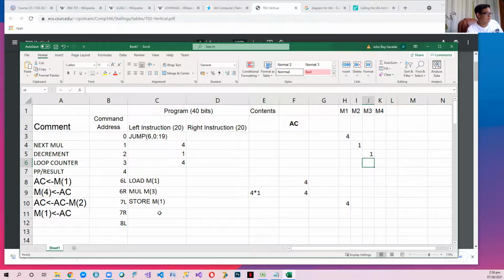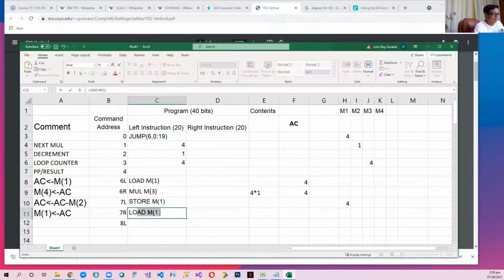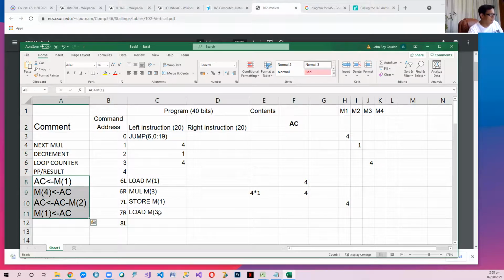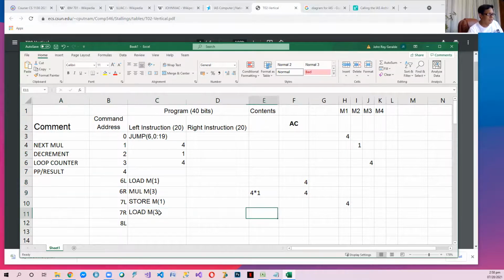Okay, so that we can say load M3, M of 3. We compute the next multiplier, okay? Load M3, so let's erase this first. AC receives 4.